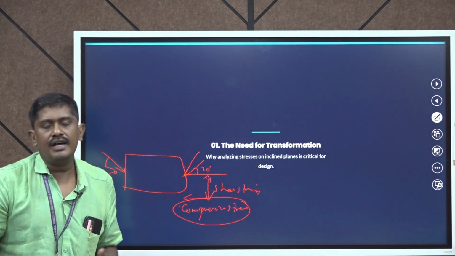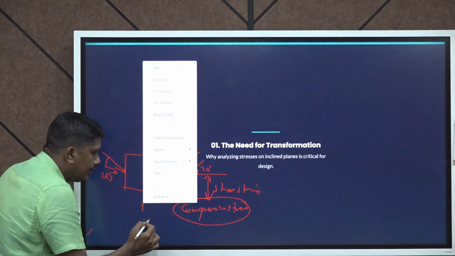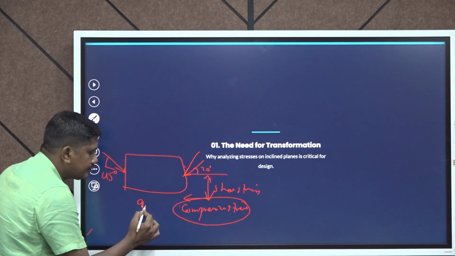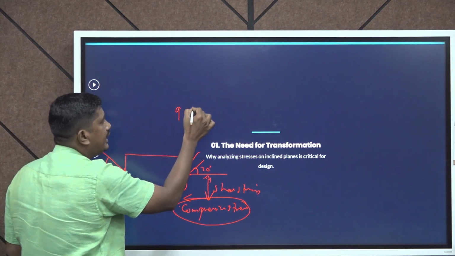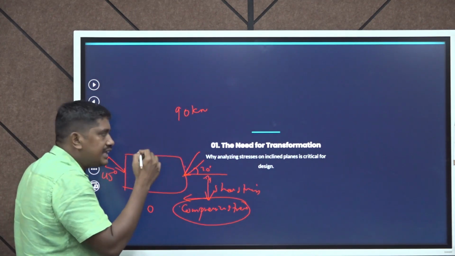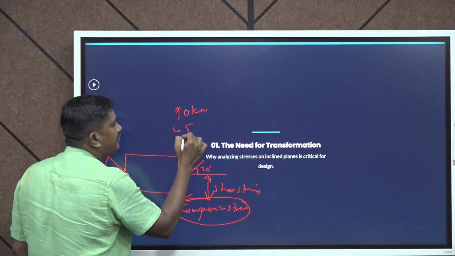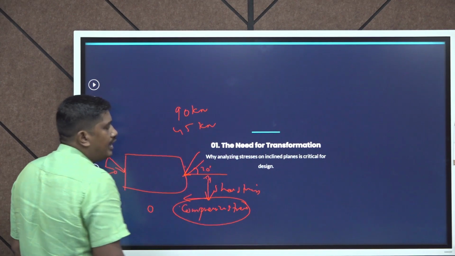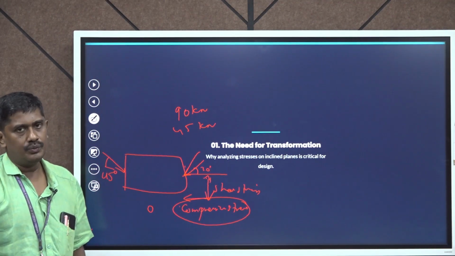For example, if we take 90 as the value, what will happen? 90 kilonewton is equally shared, 45 kilonewton each, by the shear load and the compression load.